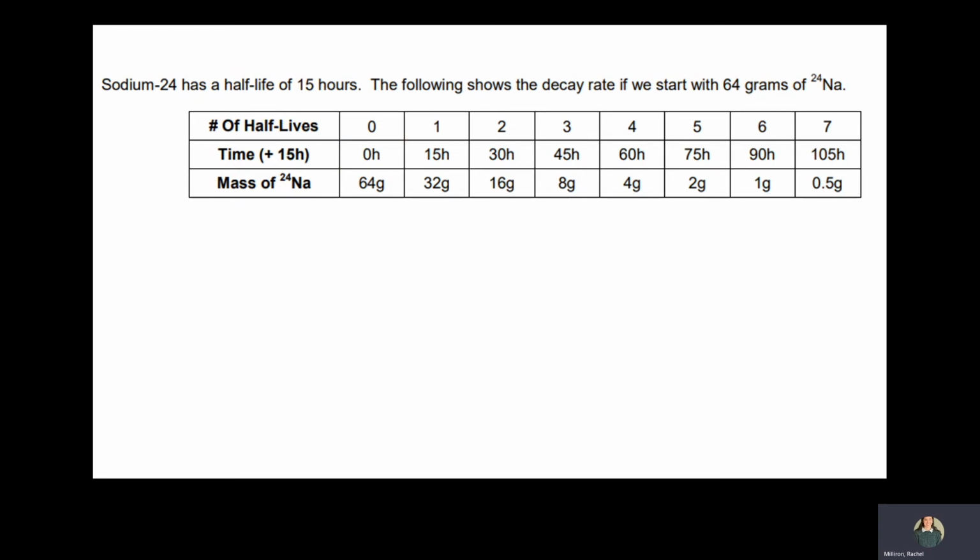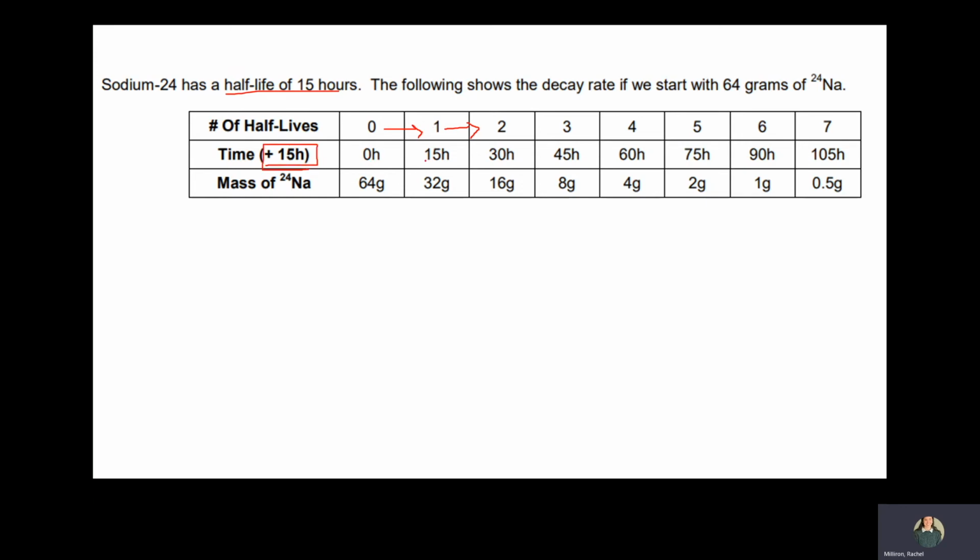How much time is added to each half-life, and why? So as we go from 0 to 1, 1 to 2, how much time are we adding to each step? And if we look at our table and what we know, the half-life is 15 hours. For each half-life that passes, we're adding 15.